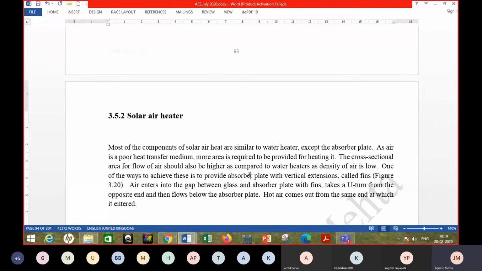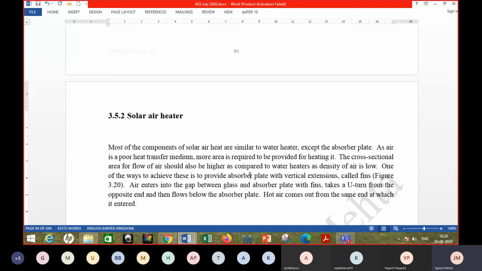And again, air is also not a good media for heat transfer. Right. So whatever knowledge of heat transfer you have, or you are going to study in more detail in the third year, you will realize that air is a very poor media for heat transfer, not just from the point of view of conduction heat transfer, but also for convective heat transfer.